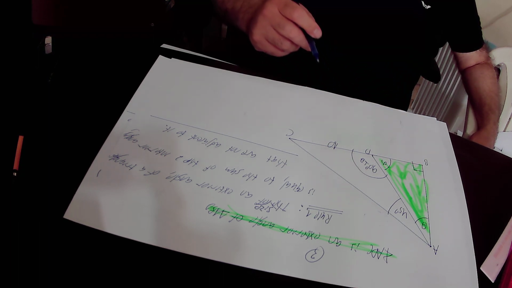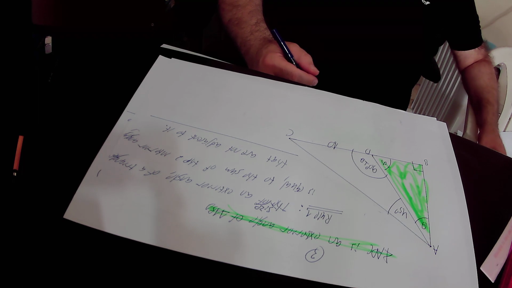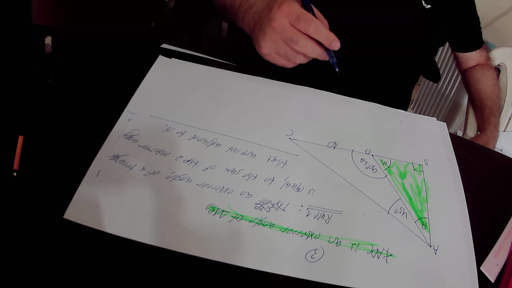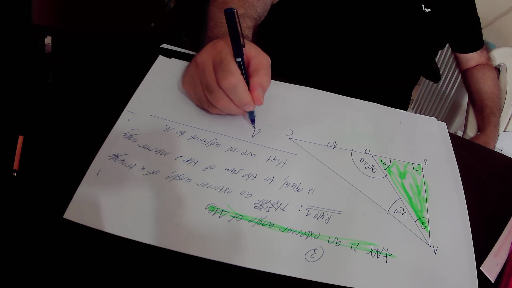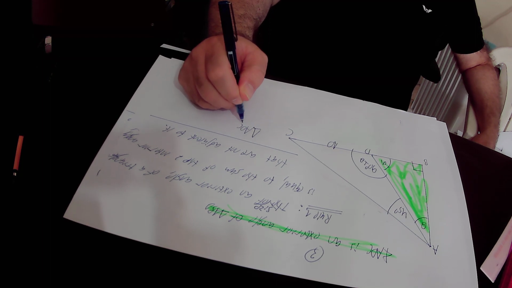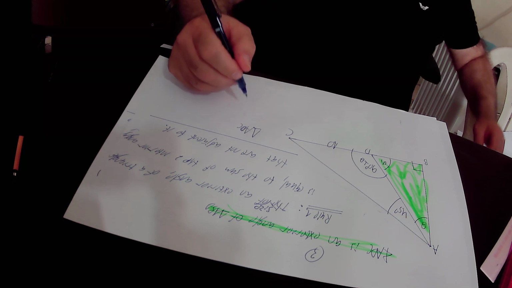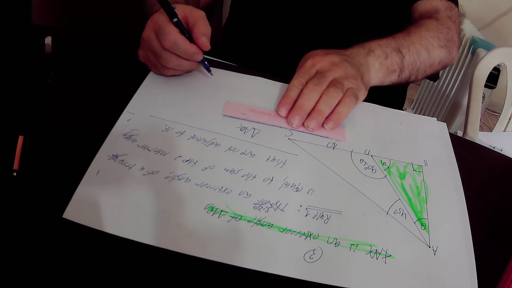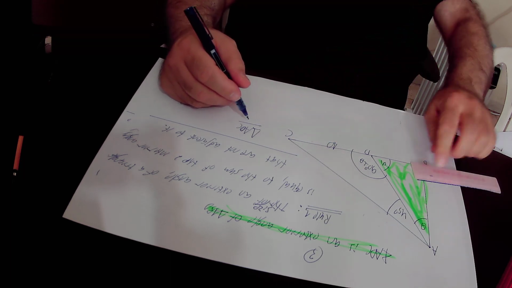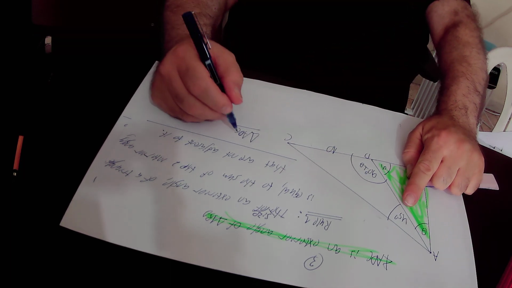Okay, and we know that the sum of the angles in any triangle is equal to 180 degrees, and especially the sum of the angles in triangle ADC must be equal to 180 degrees. So which angles do we have in triangle ADC? We have this angle that is equal to 45 degrees.